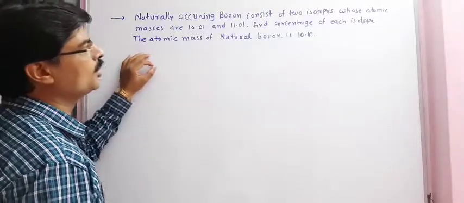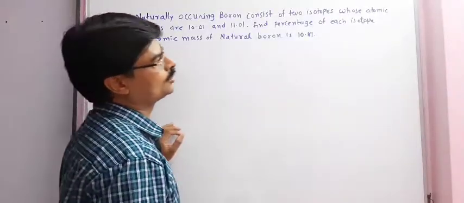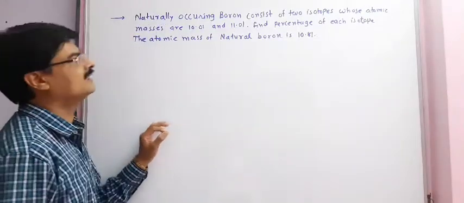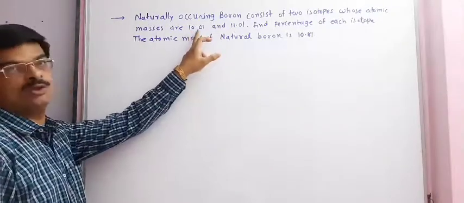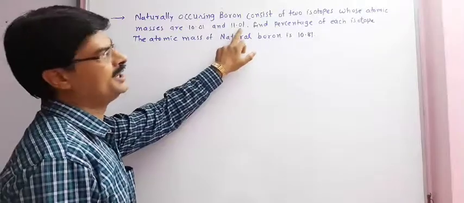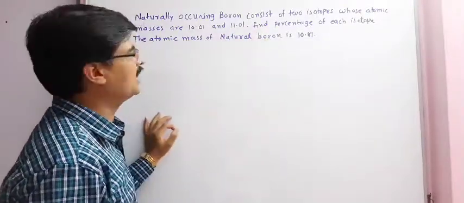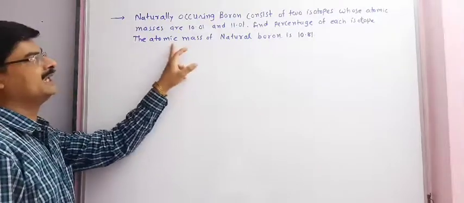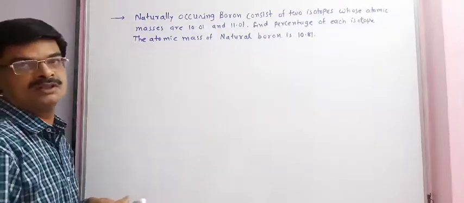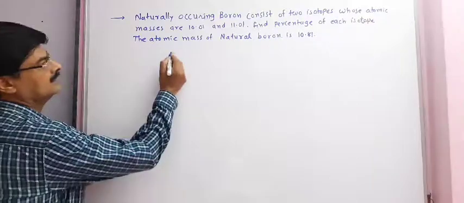Naturally occurring boron consists of two isotopes whose atomic masses are 10.01 and 11.01. We have to find the percentage of each isotope, provided the atomic mass of natural boron is 10.81.